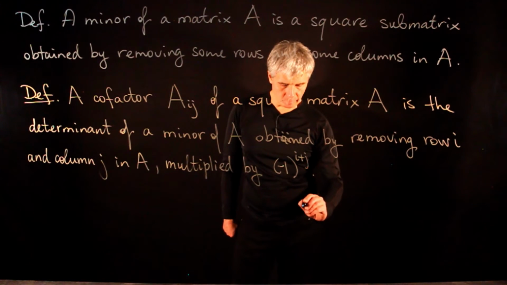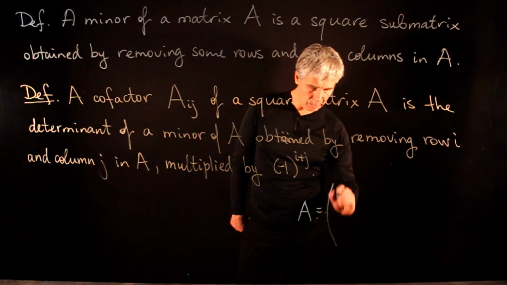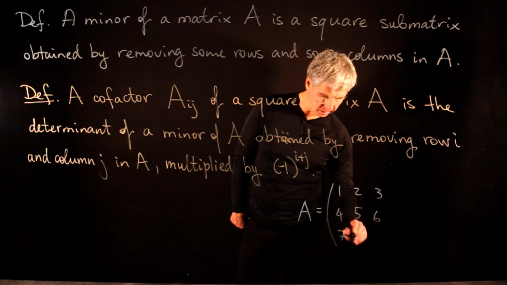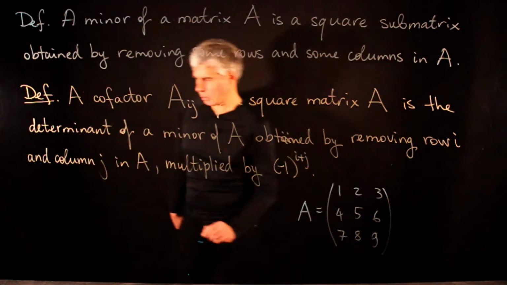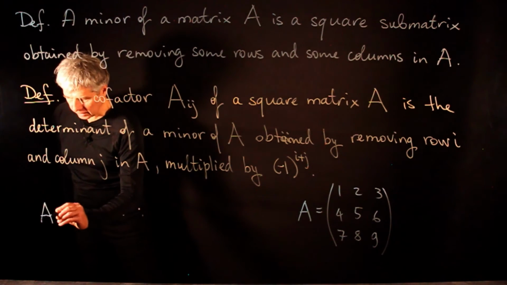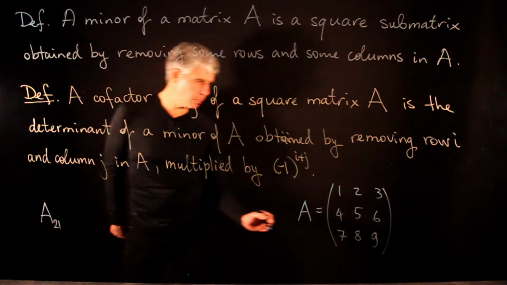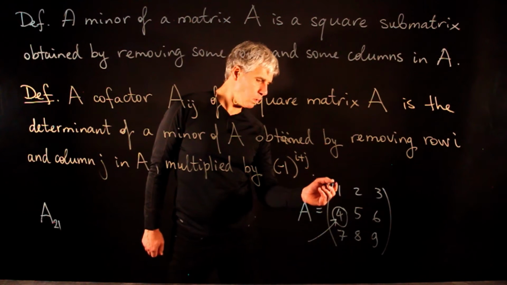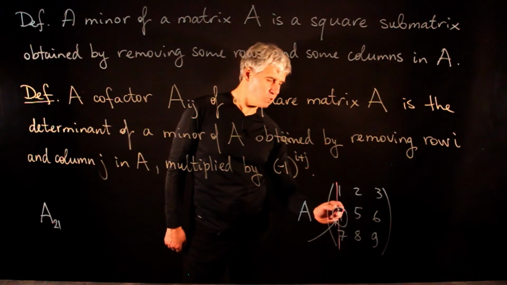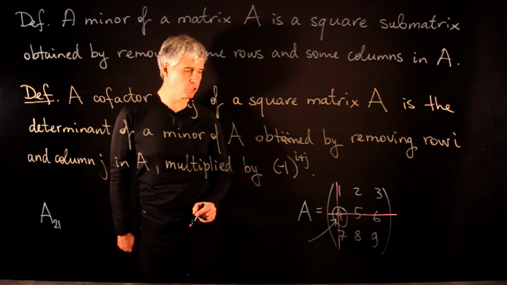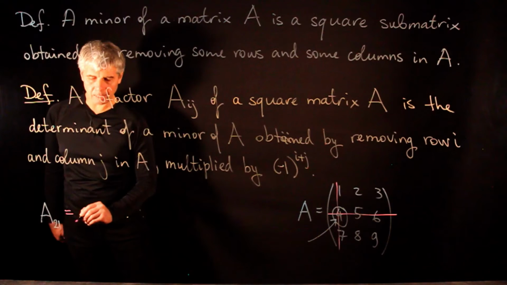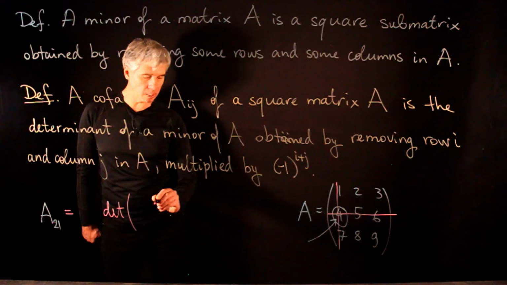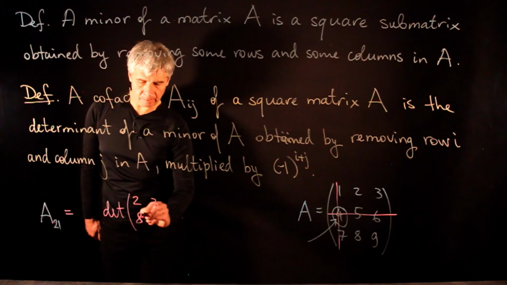So let's do an example. Suppose A is the matrix 1, 2, 3, 4, 5, 6, 7, 8, 9. And we want to calculate the cofactor A21. This cofactor corresponds to this position here. What we do is we cross out the column that corresponds to this position and the row that corresponds to this position. And what we get is the determinant of a resulting 2 by 2 matrix, 2, 3, 8, 9.